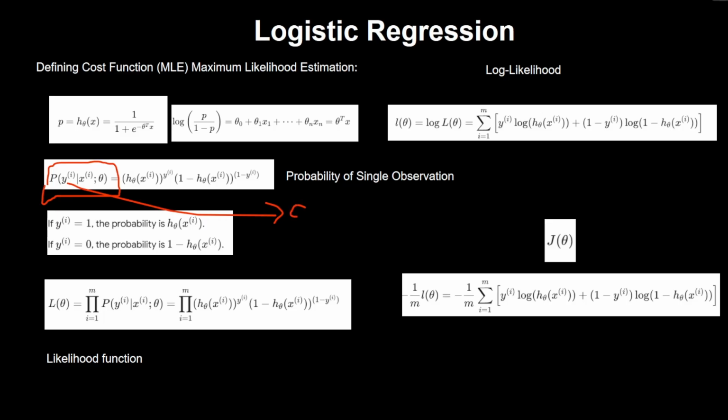Yi is the actual label present in the data, so it can be 0 or 1. For the ith data, we have many rows in the data, like 100 rows or 500 rows. For each row we represent it with the variable i for a particular observation. Xi is nothing but the input features of the ith data. So in the ith particular row we have the output variable yi and the input features xi.